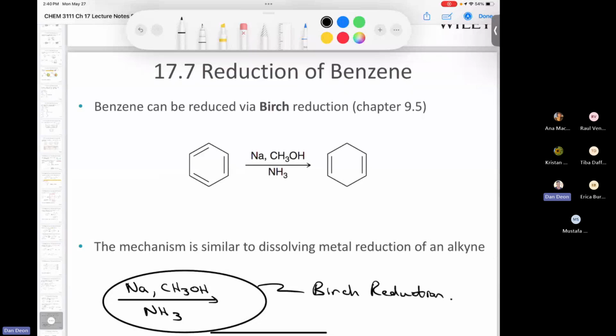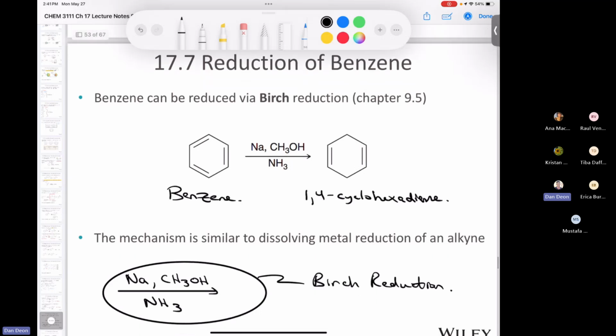And you can see that the Birch reduction converts benzene into some kind of derivative of 1,4-cyclohexadiene, like that. And it turns out that the mechanism is very similar to the dissolving metal reduction of an alkyne that we saw earlier on in the class.